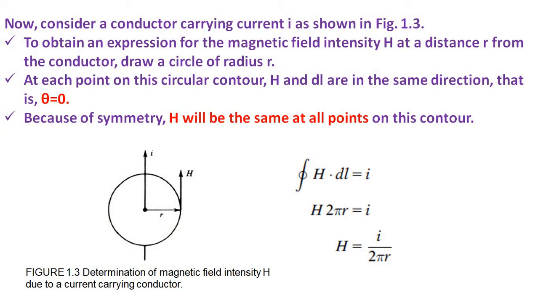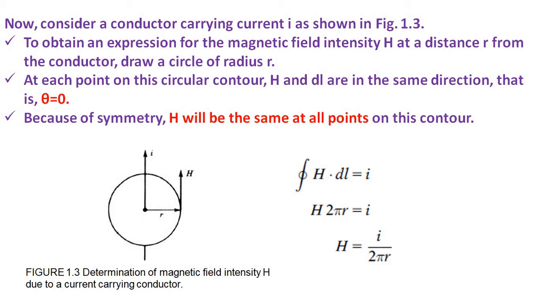Now consider a current carrying conductor as shown in the figure. To obtain the expression for the magnetic field intensity H at a distance r from the conductor, draw a circle of radius r. At each point on this circular contour, H and dl are in the same direction, that is, theta is equal to 0, and because of symmetry H will be the same at all points on this contour.